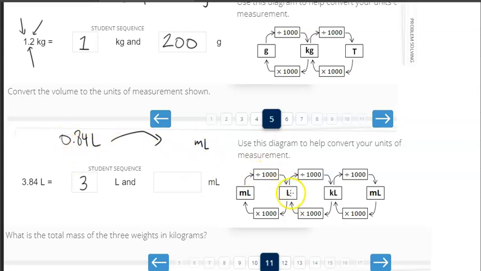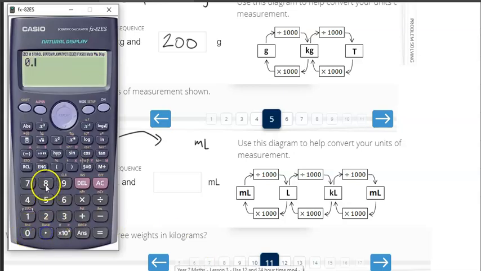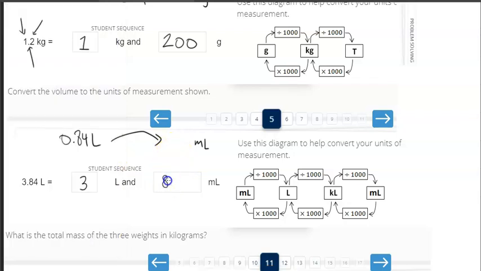To get from liters to milliliters, we again times by 1,000. On the calculator, 0.84 times 1,000 is 840. So this is 3 liters and 840 milliliters.